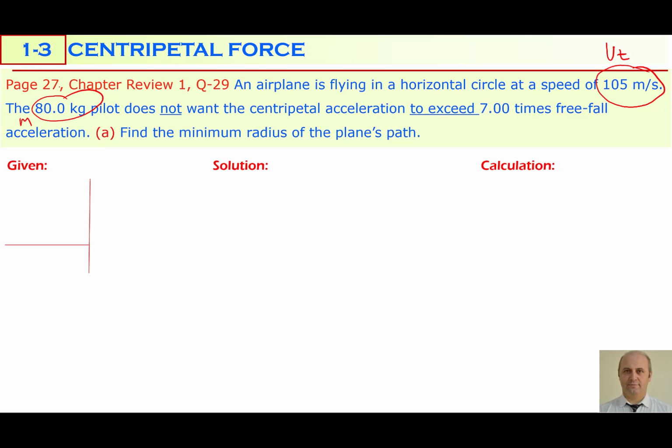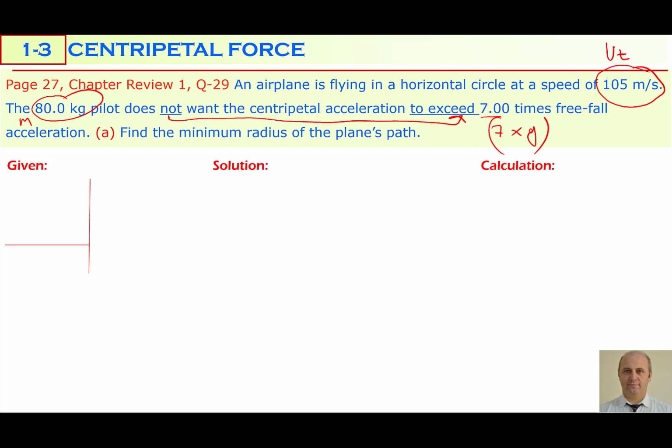That's why this pilot's centripetal acceleration mustn't be greater than, not exceed. Not to exceed means it mustn't be greater than, not greater than what? 7 times free fall acceleration g, so it will be maximum 7g. g is 9.81, remember.